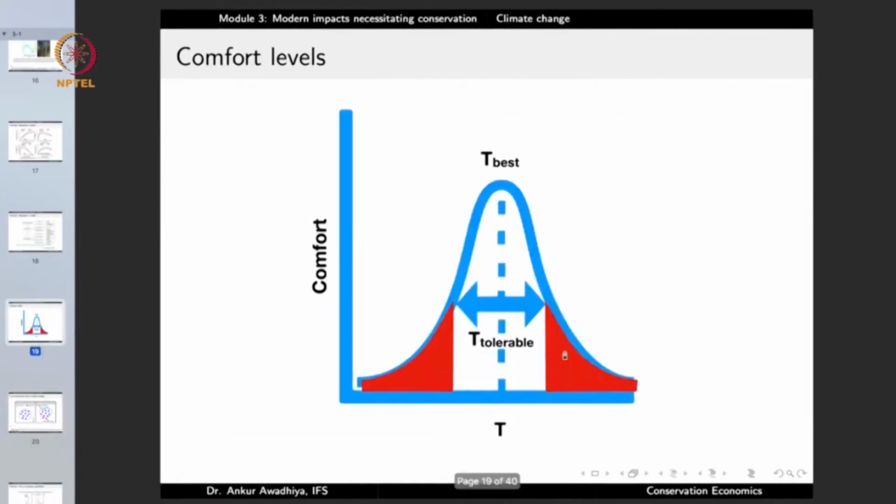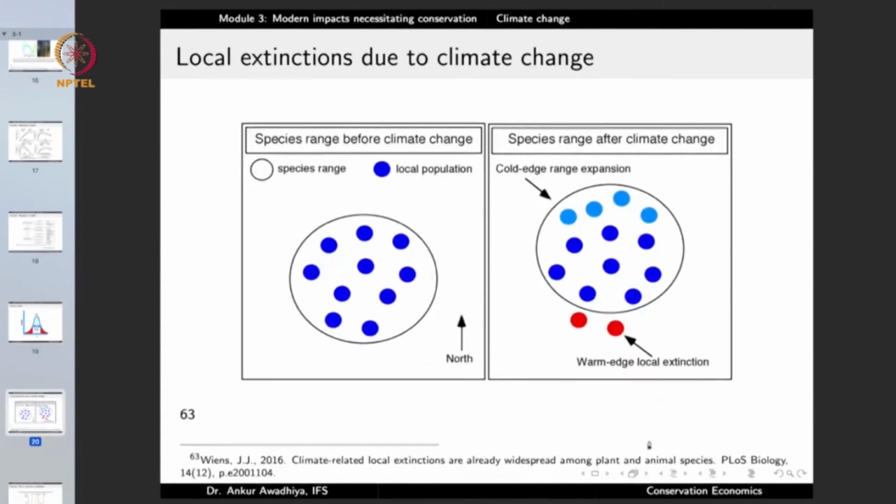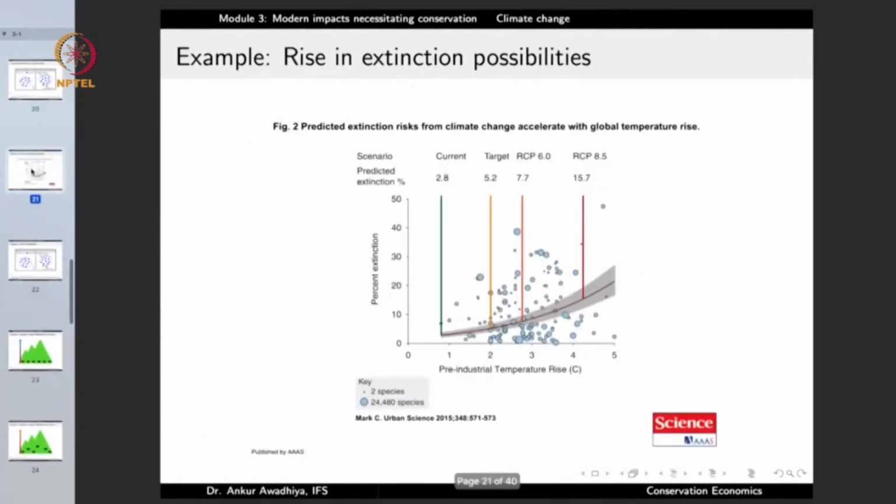So, if the temperature increases beyond the tolerable limit, then we will start seeing animals that are dying. So, there are local extinctions in the warm edge, and these extinctions have been predicted to increase with more and more amount of global warming.